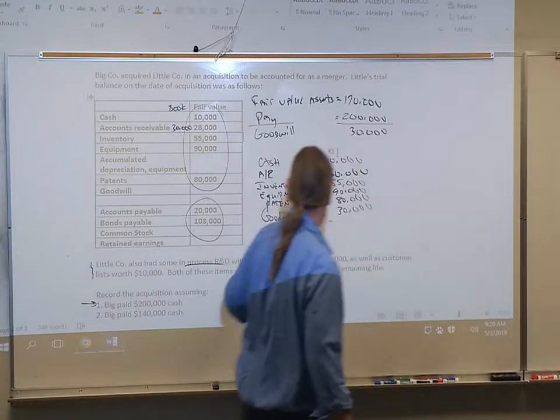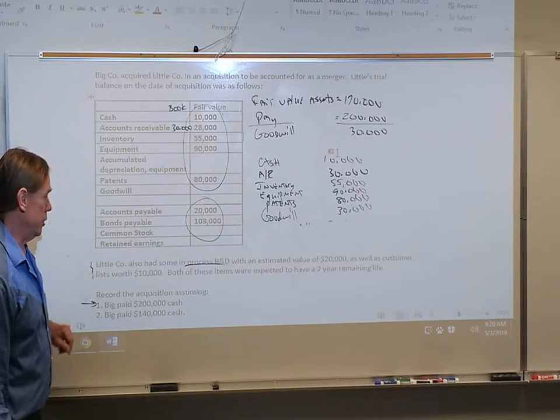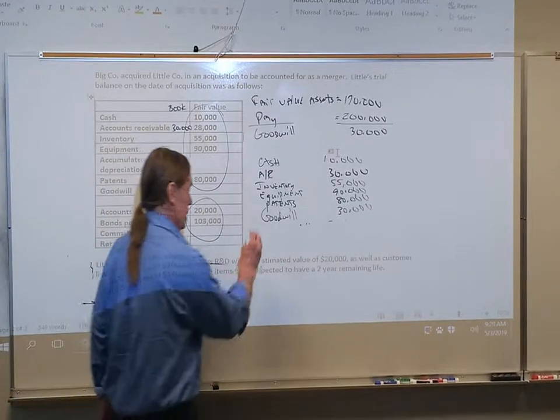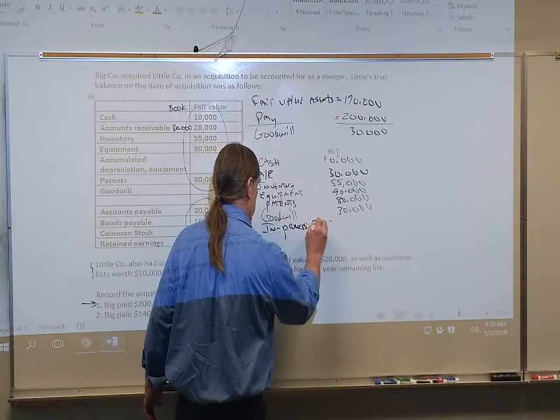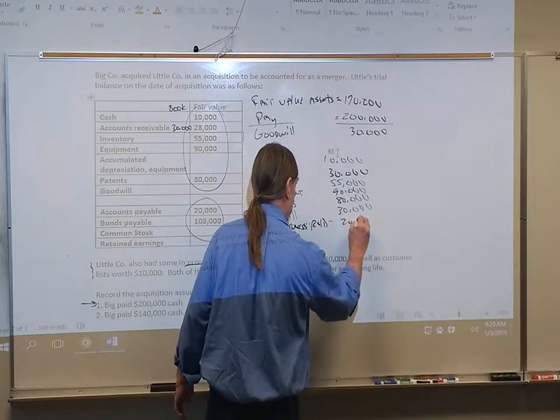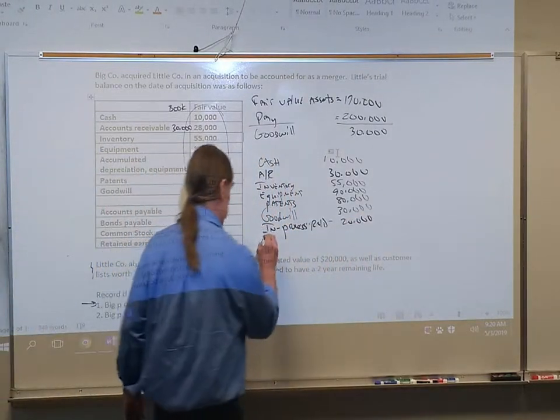Okay, I forgot our two intangible assets. I was just thinking to myself, I need to go delete this line to clean the board up. We're acquiring some in-process R&D. And we're acquiring a customer list.